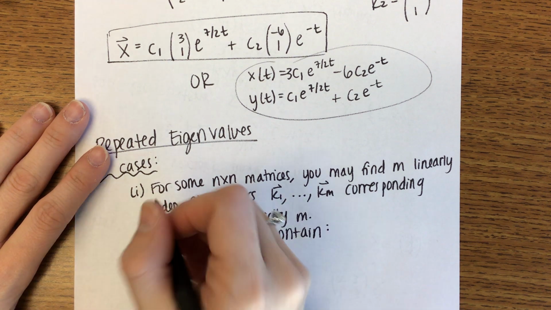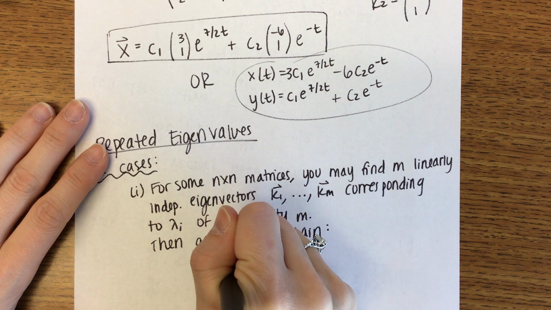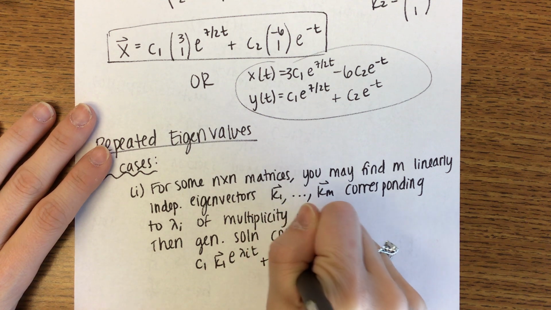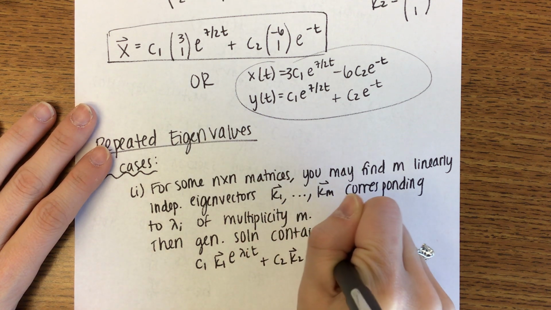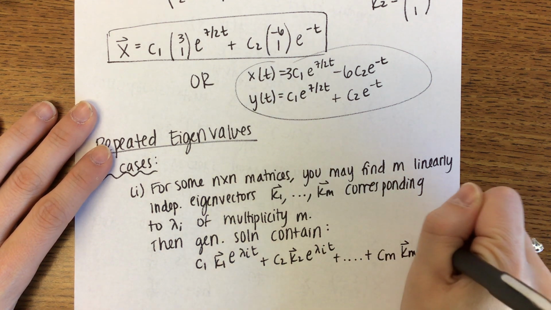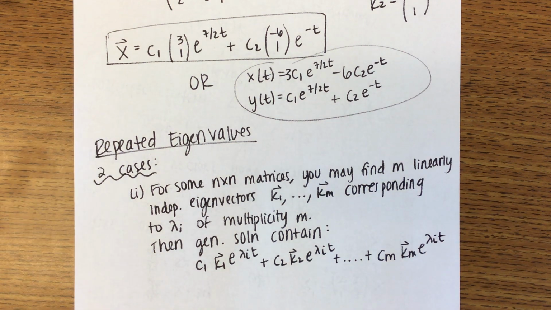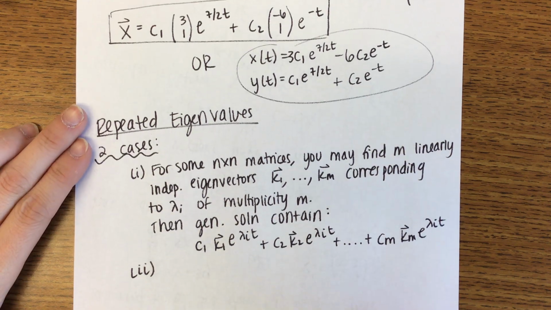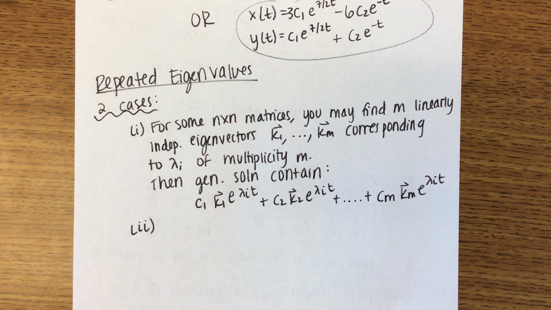It will contain c1 k1 e to the lambda I t plus c2 k2 e to the lambda I t all the way up to cm km e to the lambda I t, in addition to all the terms that come from the other eigenvalues. So we talked about before, if you have an eigenvalue of multiplicity 2, sometimes you're going to get two different eigenvectors, sometimes you won't. This is the next case.